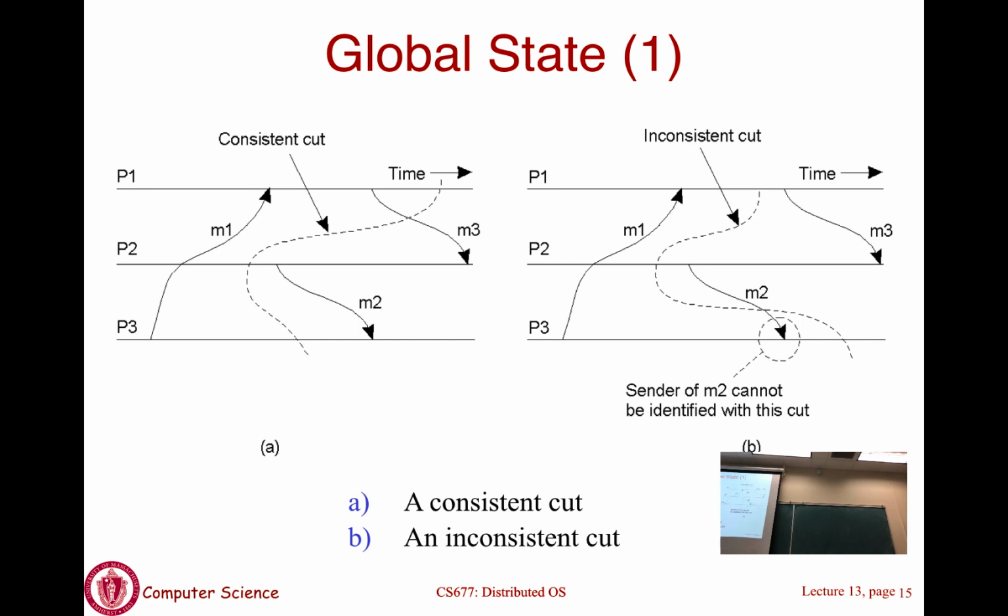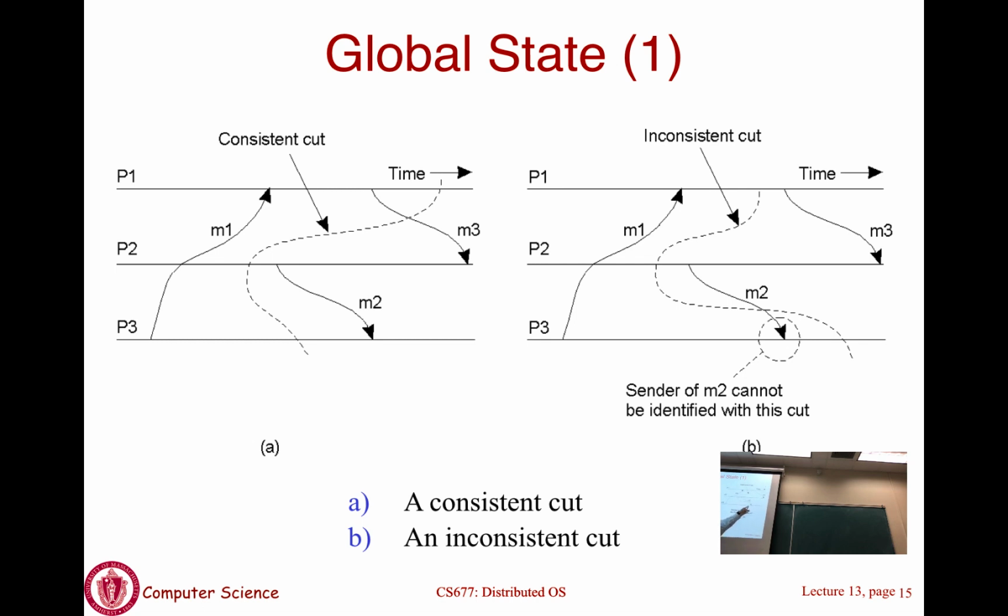In the second scenario, same processes, but you end up taking the snapshot at slightly different times. If you restart the computation from wherever the dotted line hits each of these processes, you are not going to get a consistent result. Specifically, in process P3, message M2 has already been received and processed, because you took the snapshot here.